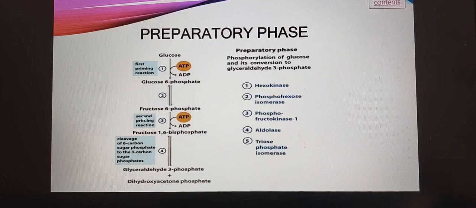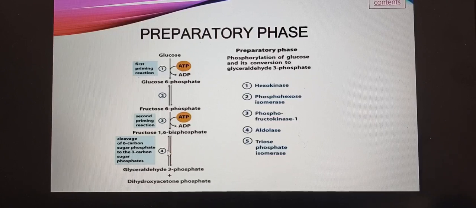Here we can see the transfer of the phosphate group from ATP, and again we have utilized one ATP molecule, which is converted into ADP. This is the second priming reaction, and it is not reversible.